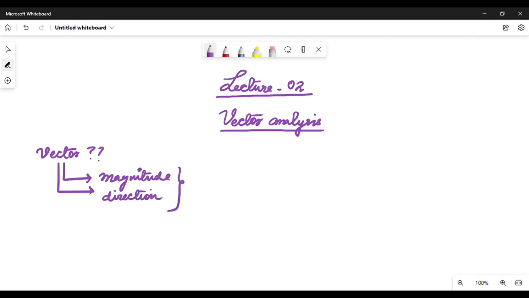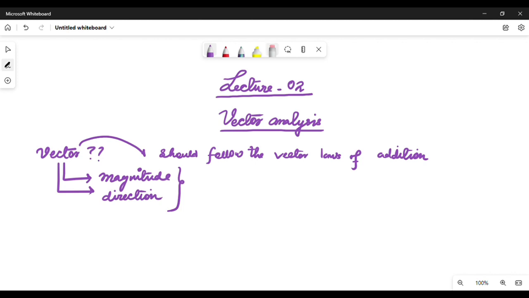There are certain other factors also. Vectors are something that should follow the vector law of addition. This you all know. So this is what a vector is.